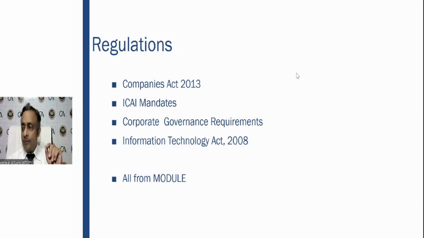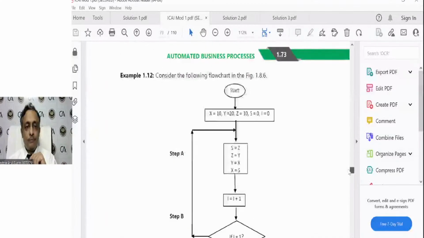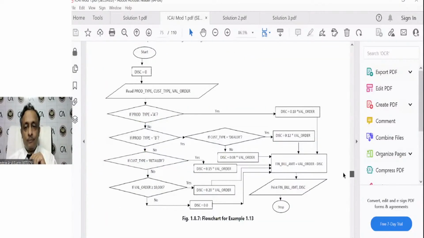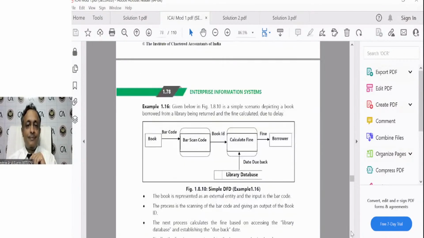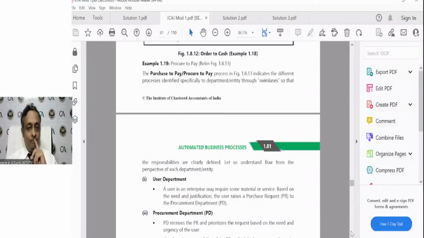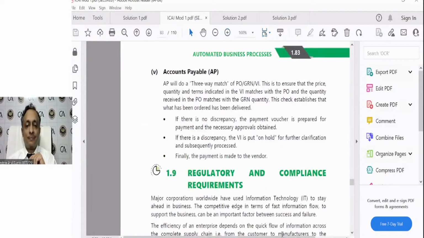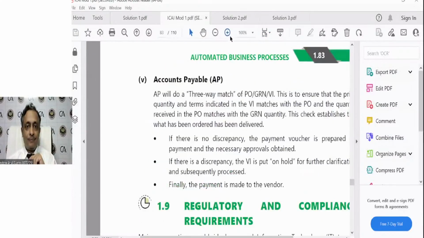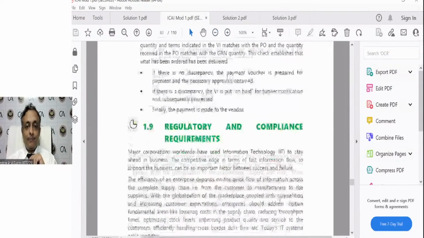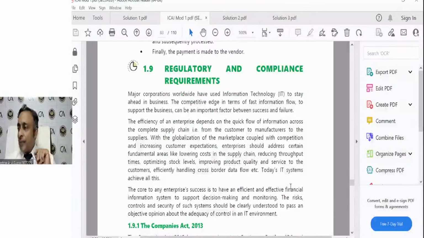So now let us go to the module. So the last part of the lecture is regulatory compliance.